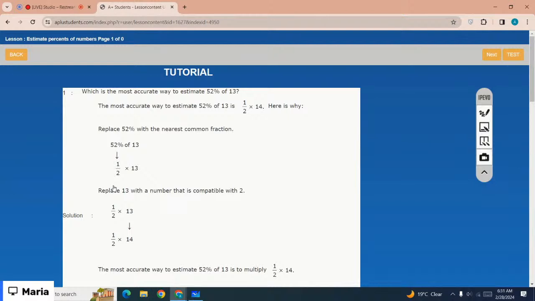So when you divide 14 by 2, that is 7. That means 52% of 13 is 7, right?